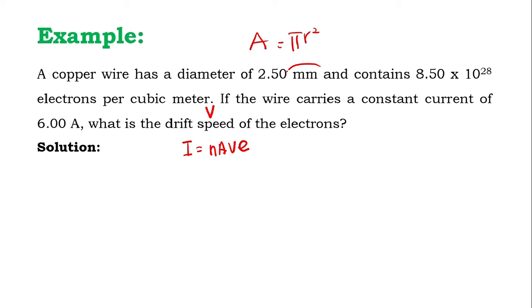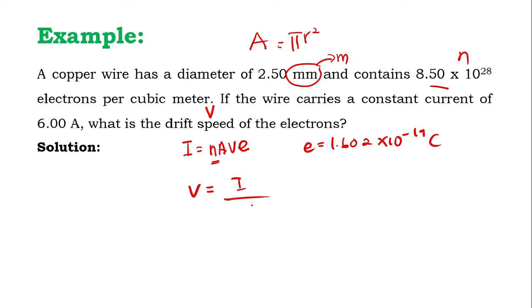Tukar to meter. n is a number of electron. Nilai e ni adalah 1.602 × 10^-19. Masukkan untuk cari v, nilai I pun dia dah bagi kan. So v sama dengan I per nAe. Dapat nilai.